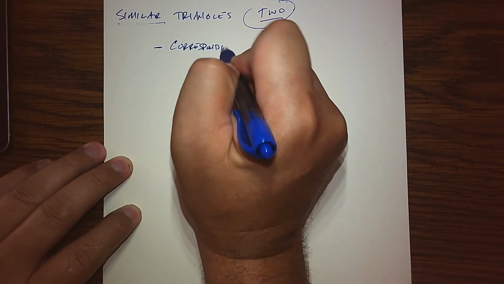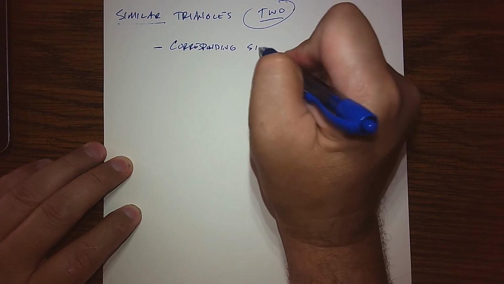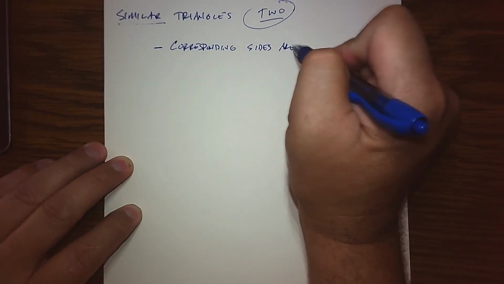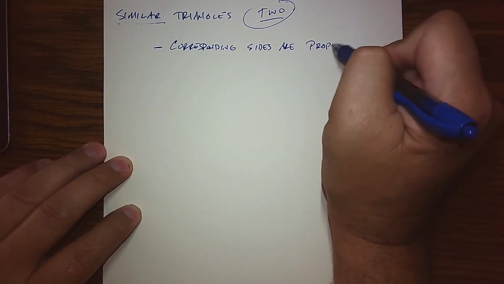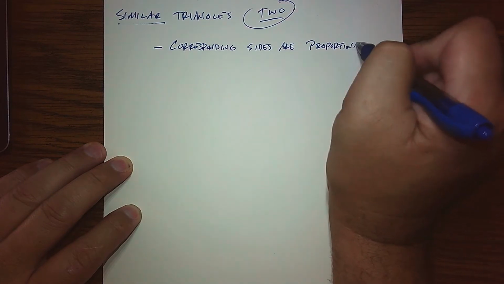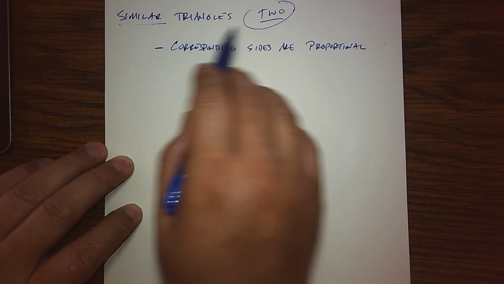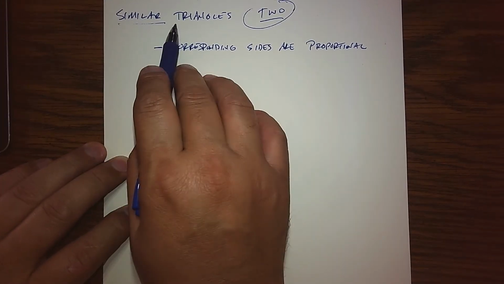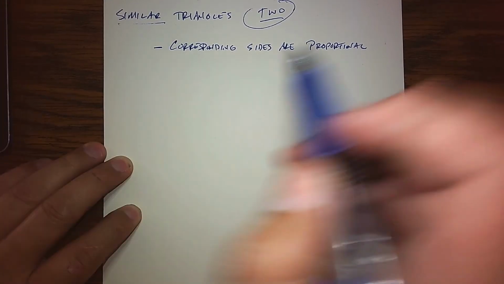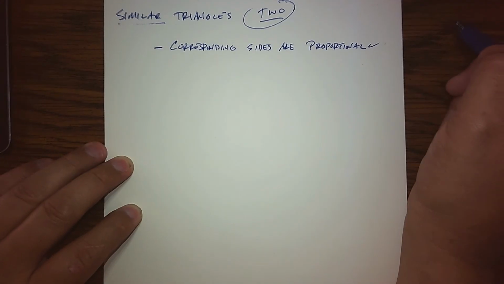So the first thing is that the corresponding sides are proportional, right? So again, there's three sides to a triangle, and in order for two triangles to be similar, one of the first conditions that has to be met is that the corresponding sides are proportional.